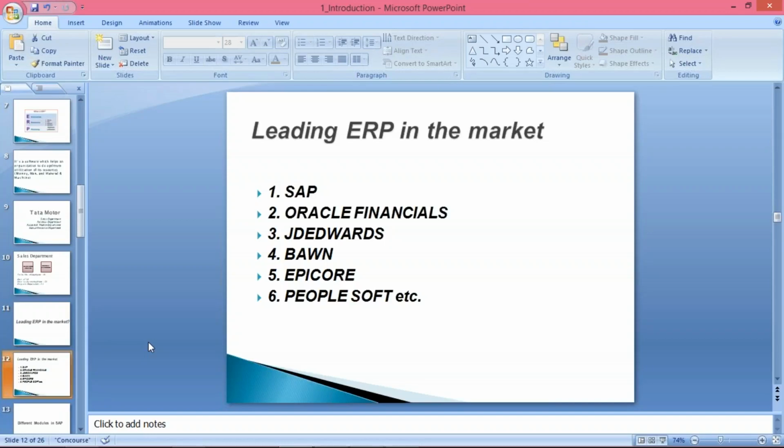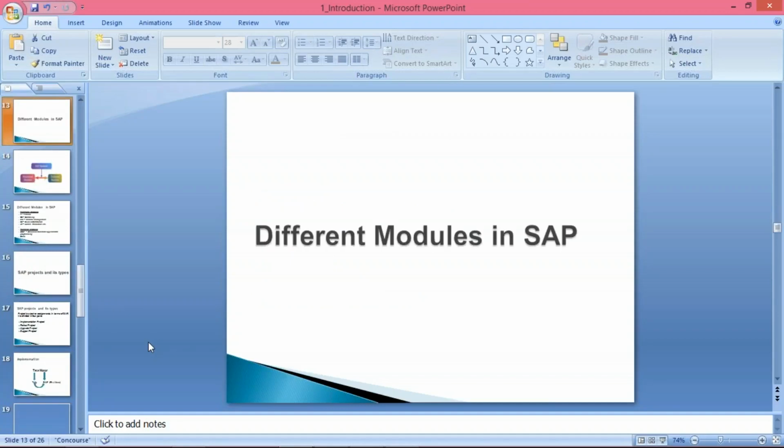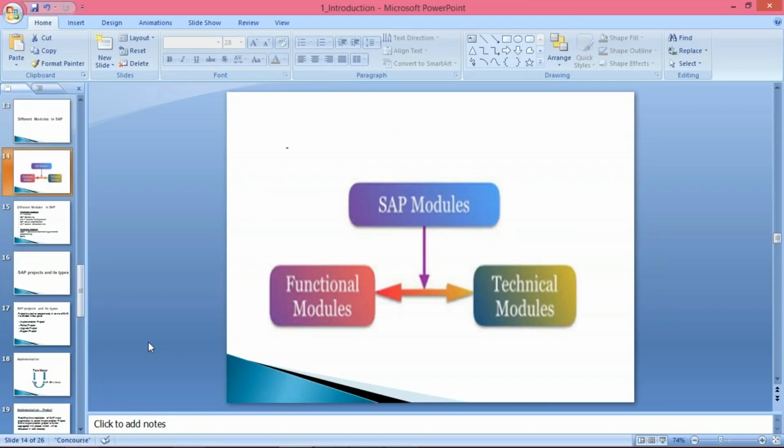So SAP has been segregated into different modules. Now, what are those modules in SAP, guys? What are the modules available in SAP? At a broader level, it is divided into two parts.